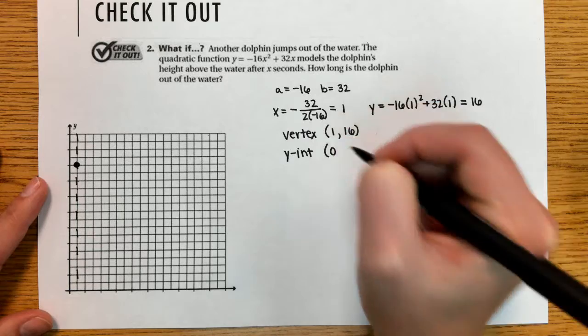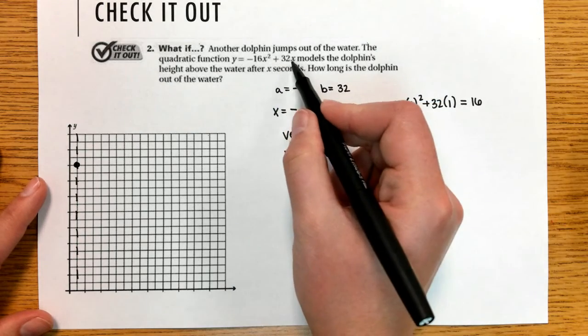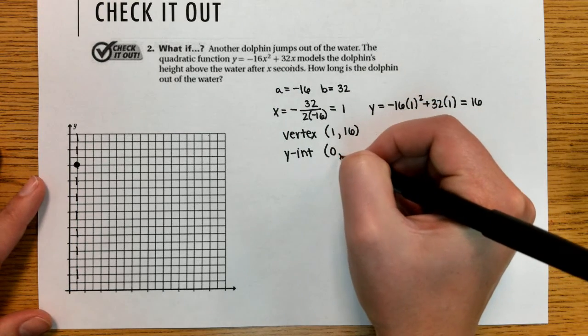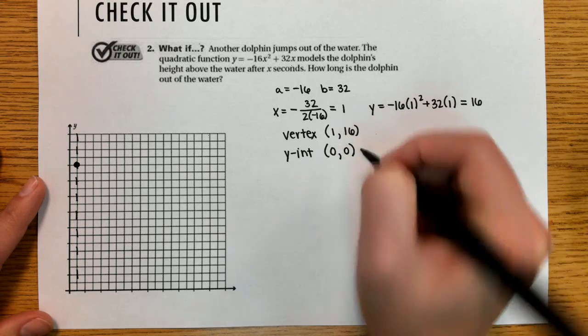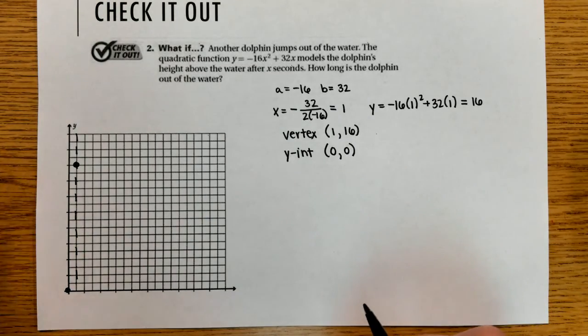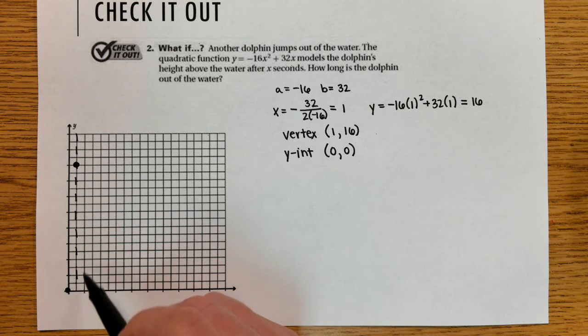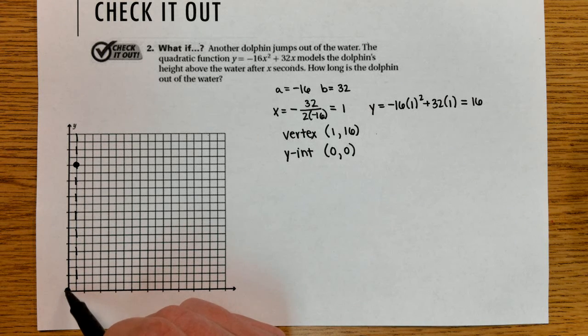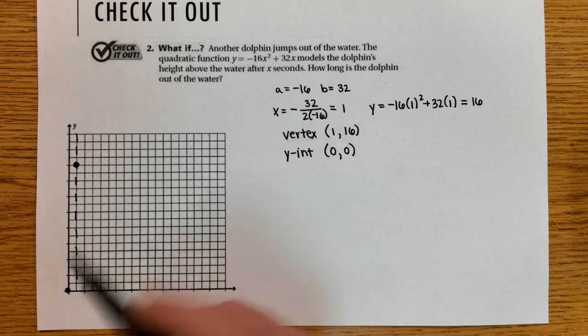And then our y-intercept, when x is 0, that becomes 0. That also becomes 0. So our y-intercept is the origin, (0, 0). So right down here. Then I'm going to go ahead and pick another value for x. So let's say 2, because we did 0, so this is where it's starting. It's going up, and then let's try 2.